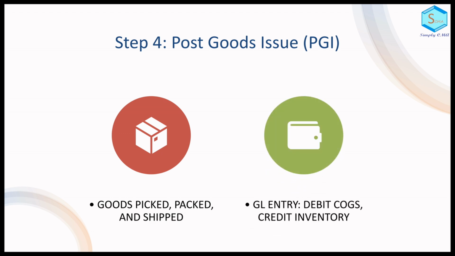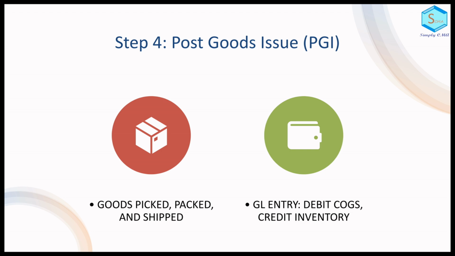What is the accounting entry? Here the cost of goods sold account is debited and the inventory account is credited. This reflects the goods have left the premises and are no longer part of the company's assets.